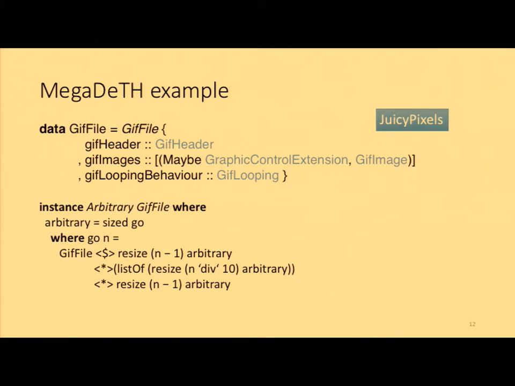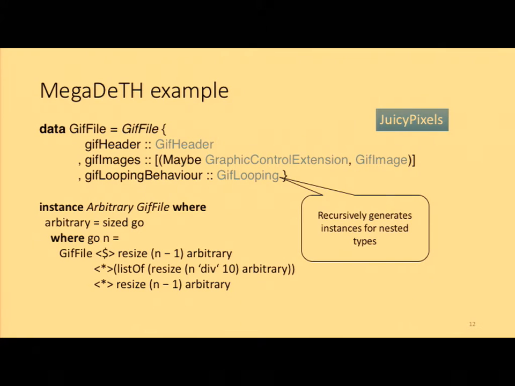So it's just very much type directed. And note that in this example, we also need to recursively generate instances for the types that are somehow nested in this GIF file representation. And we also do that, so we will get an instance of Arbitrary for GIF header and an instance of Arbitrary for graphic control extension, GIF image, GIF looping. These are all separate types that need separate instances. So we will get all those.